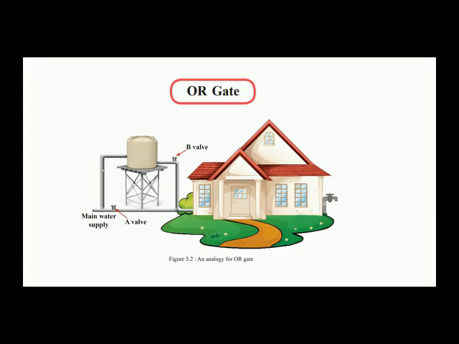If both the valves are open, again the tank gets filled. If we don't want to fill the tank, we have to close both valves. It doesn't get filled only when both the valves are closed. That is the only state: if we take 0 over here and 0 over here, then the output will be 0.